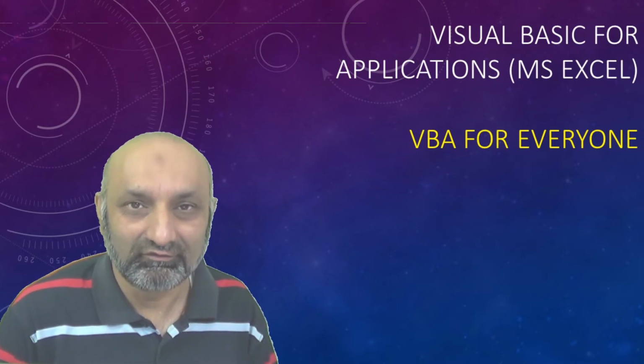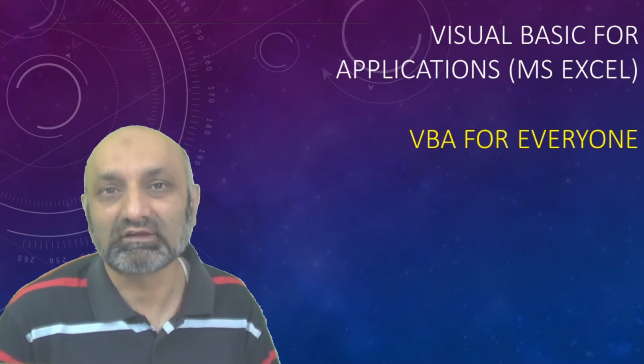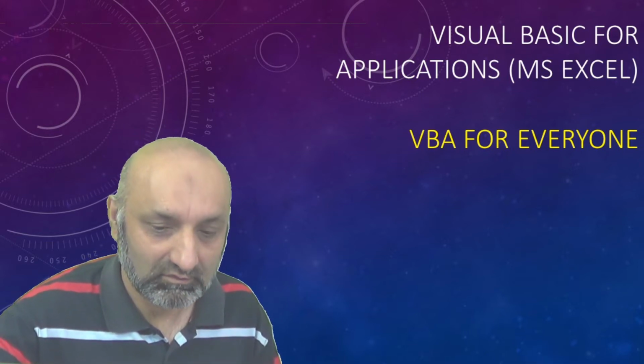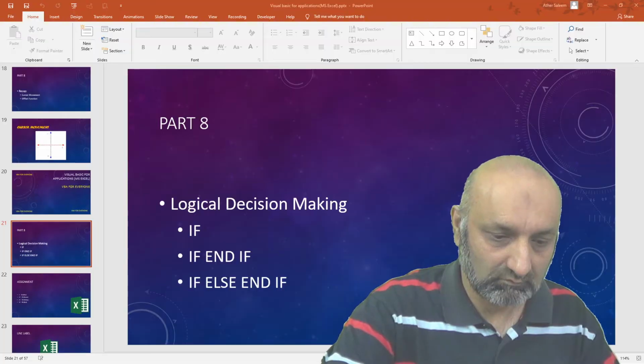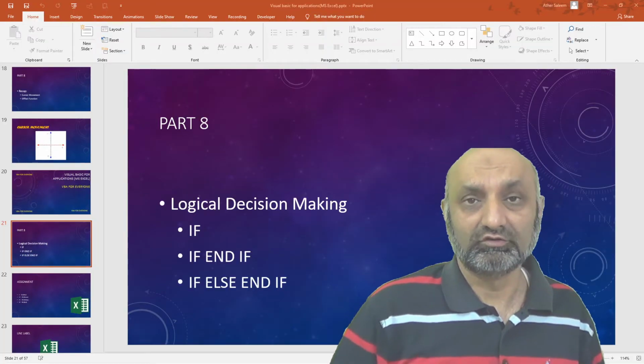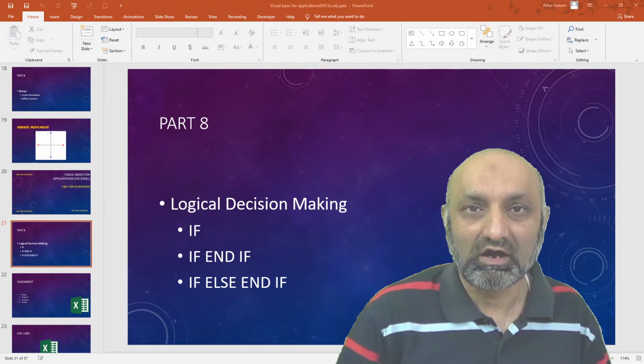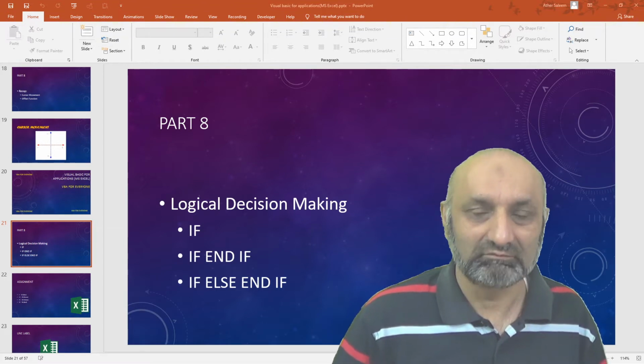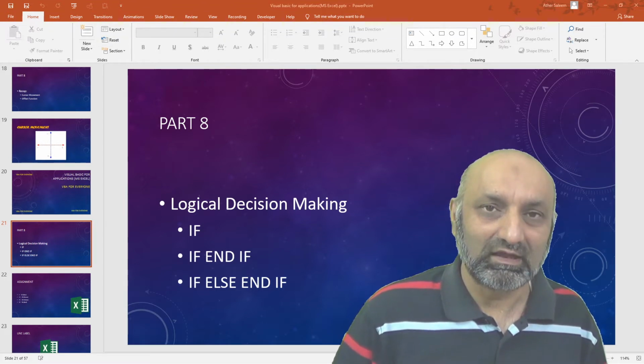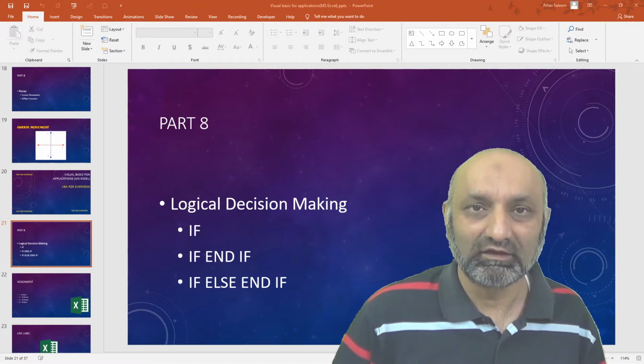Let's recap what we discussed in the last video. In the last video, we talked about how to make logical decision making in VBA, and that was done with the help of the if function.